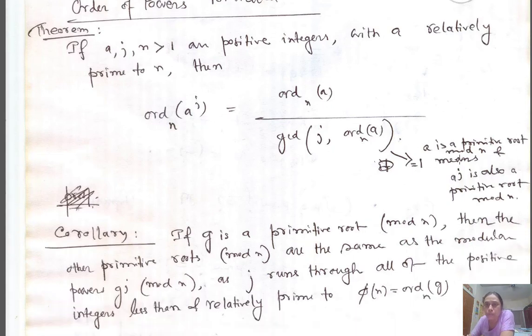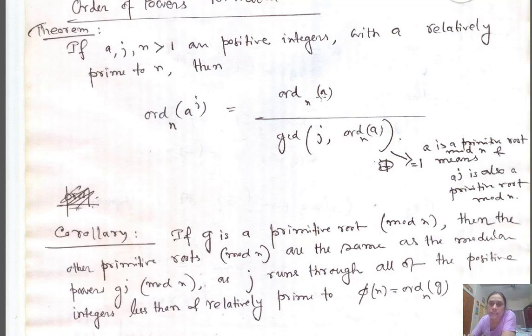If A is a primitive root modulo n, that means the order of A modulo n is phi n. And if this GCD equals 1, then A to the power J is also a primitive root modulo n, since the order of A to the power J equals the order of A, which is phi n.